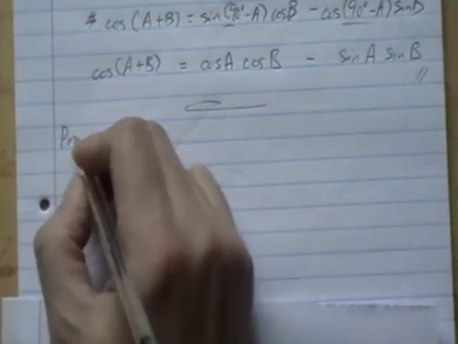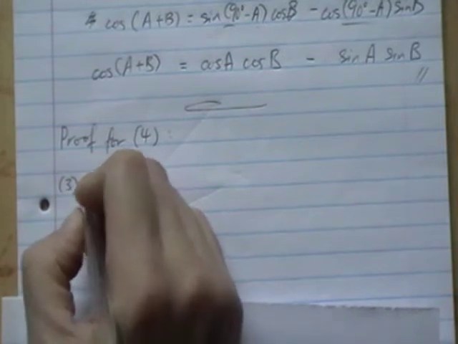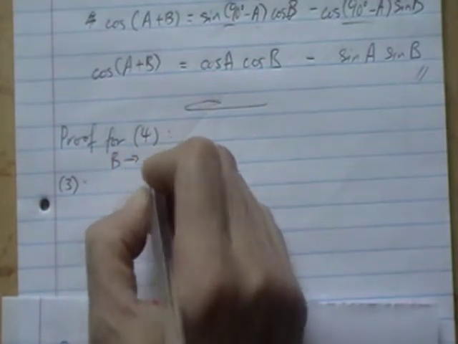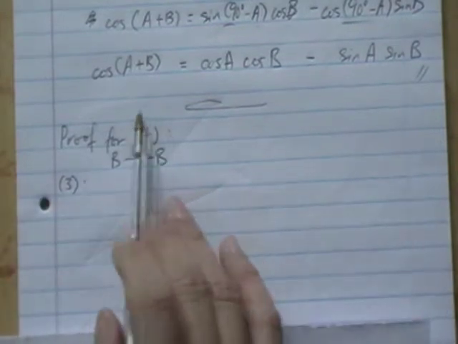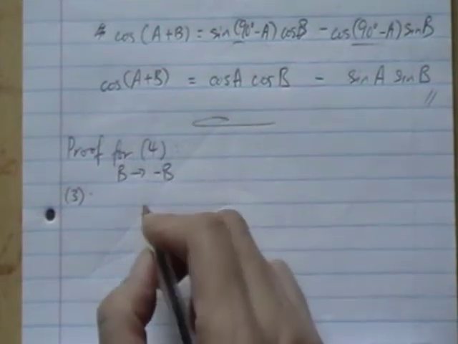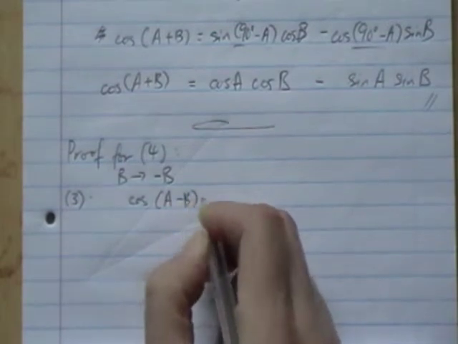So I'm now doing the proof for the fourth and the last identity. I'm going to make use of 3. I'm going to replace b by minus b in that identity. That's the third one. So this gives cosine of a minus b.